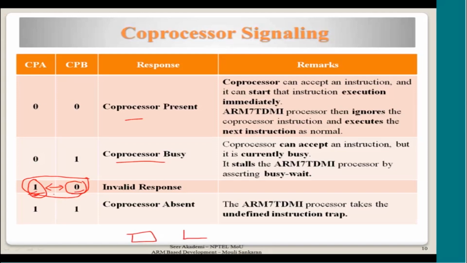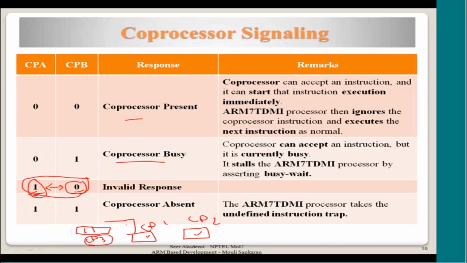Suppose there are two coprocessors, CP1 and CP2. Both of them saw the instruction which had a coprocessor ID 3. Assume that in the system only these two are there. Both of them say, this is not for me.